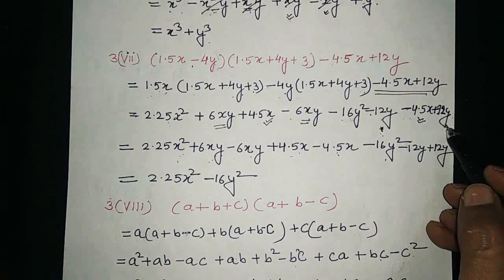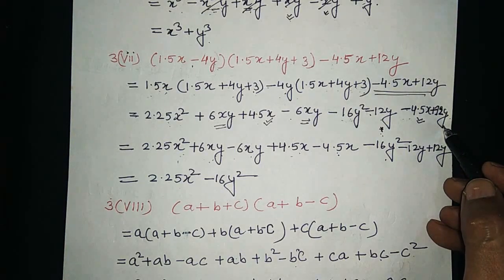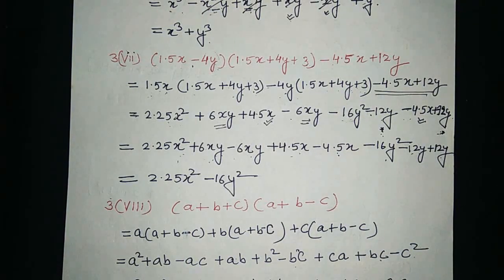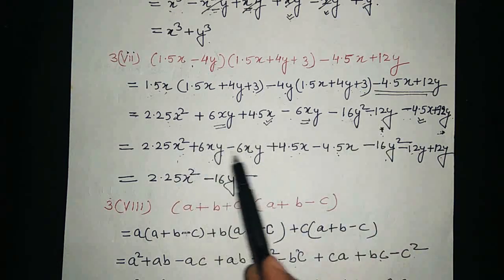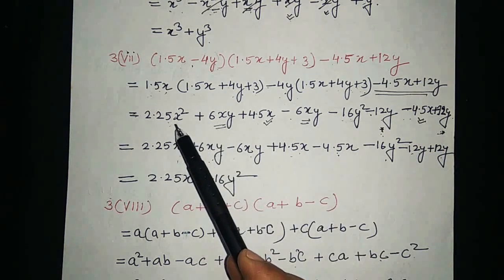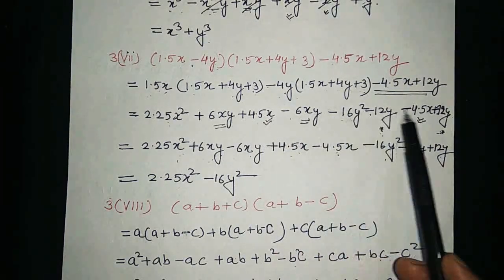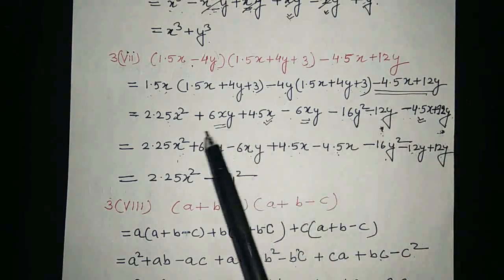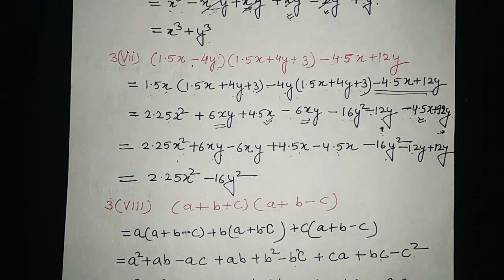So here plus 12y we are getting. So after minus 12y we will write here plus 12y. Now we will solve the like terms. Before that we will check we have written all the terms or not. Okay. 1, 2, 3, 4, 5, 6, 7, 8. Here we can see we have written all the terms.